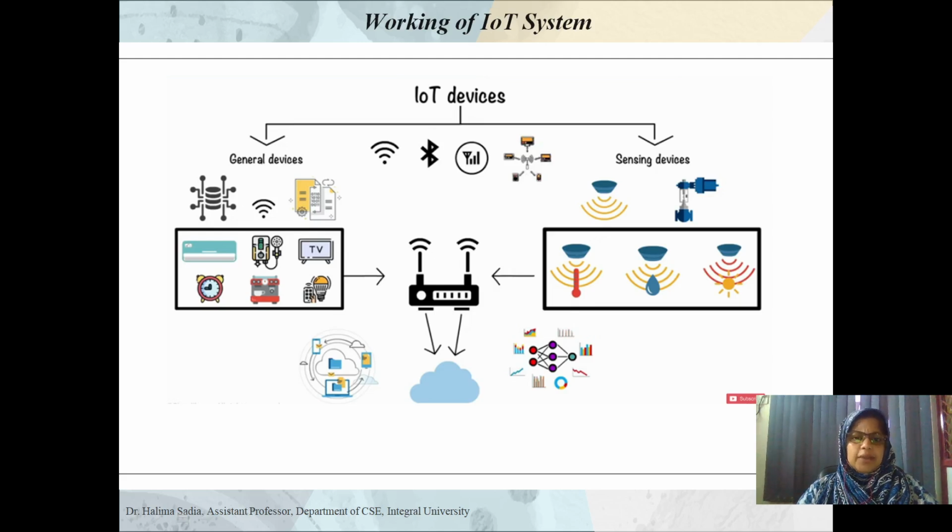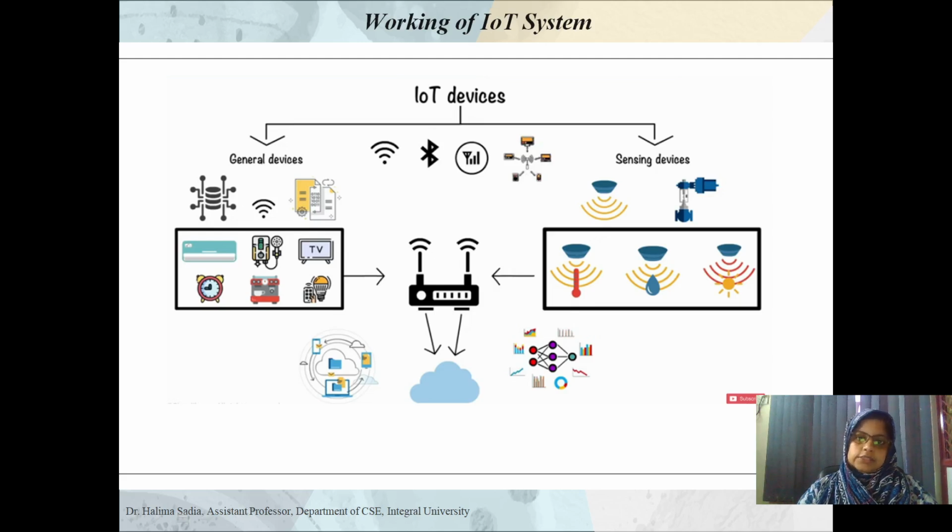These are all the appliances that we can think of. It can be an AC, a TV, alarm system, room heaters or lighting systems, any such devices. Then we have the sensing devices. These sensing devices are nothing but the sensors and the actuators which are used to measure the temperature, the humidity, the light intensity.